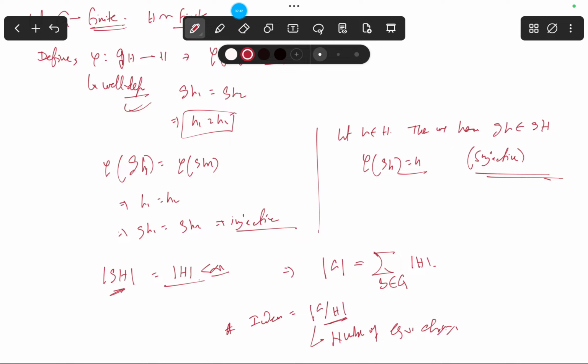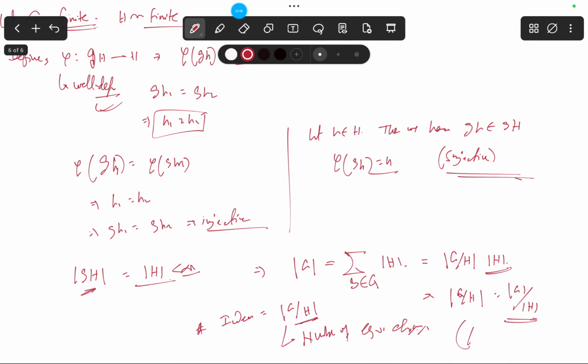So we can get here that the cardinality of G is the number of equivalence classes times the cardinality of H. So that means we basically get that the index of H in G is the same as the cardinality of G over the cardinality of H. So this is your Lagrange's theorem.